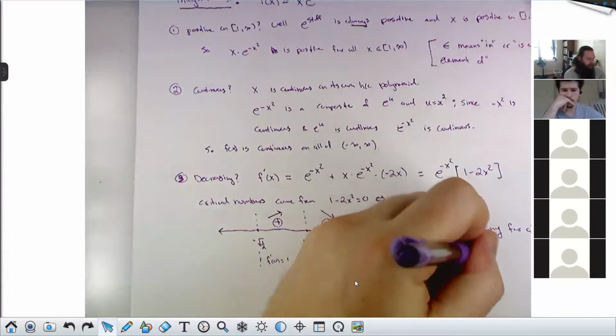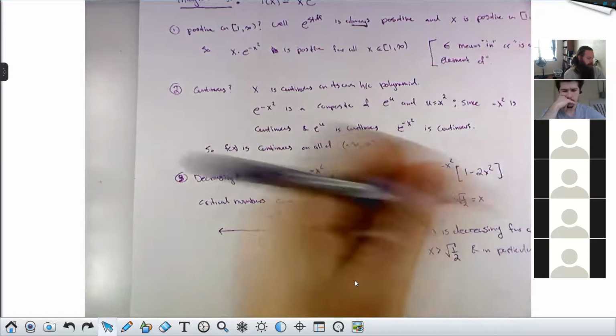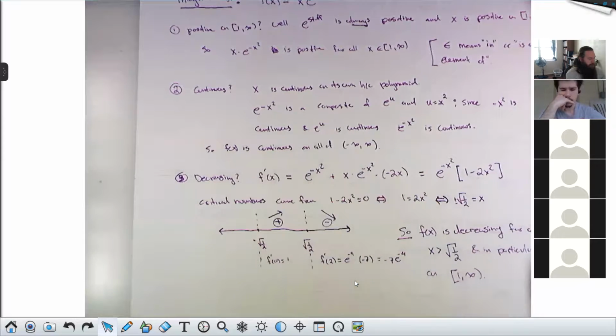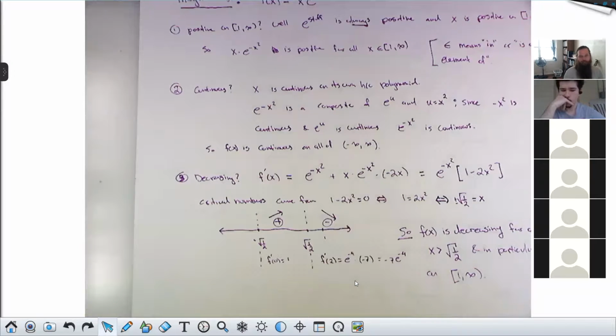And in particular, on the interval 1 to infinity, because 1 is right here. So my function is decreasing everywhere on 1 to infinity. It's in fact decreasing everywhere from the square root of 1/2 to infinity.